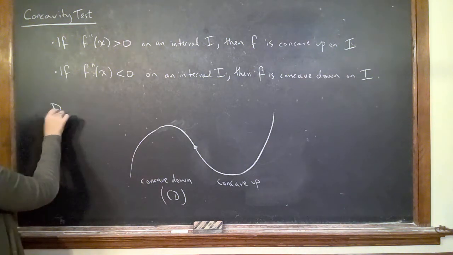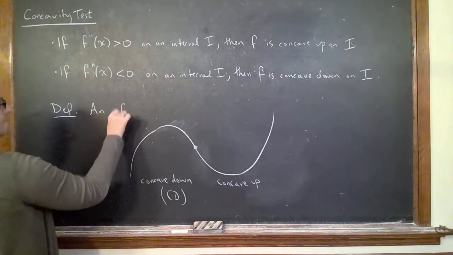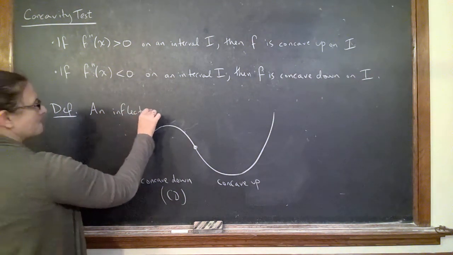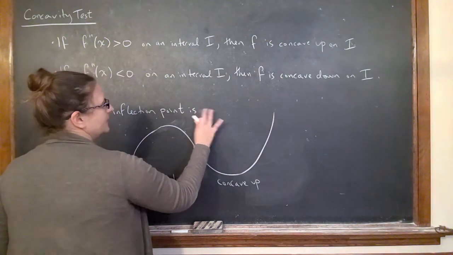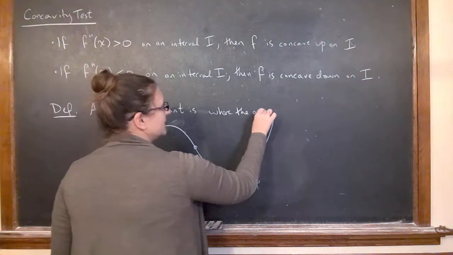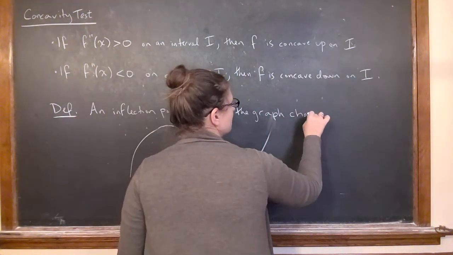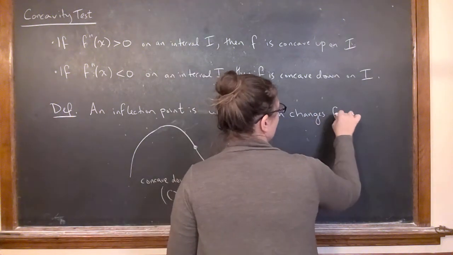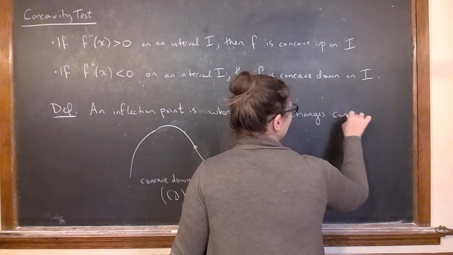So let me define that really. An inflection point is where the graph changes concavity, right?